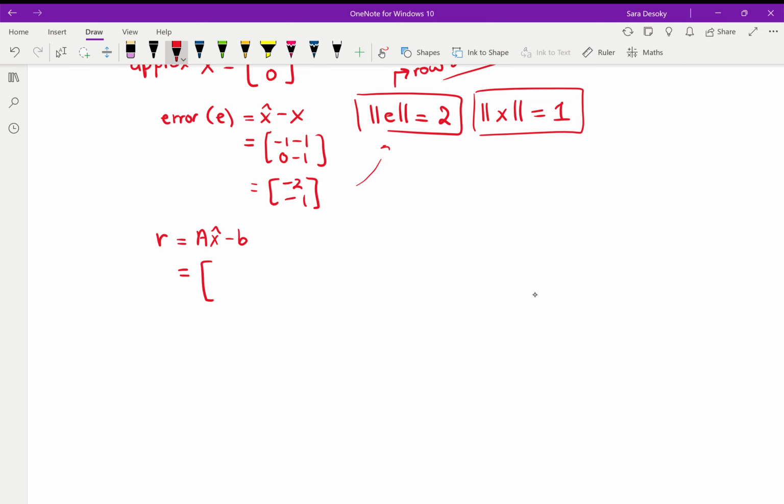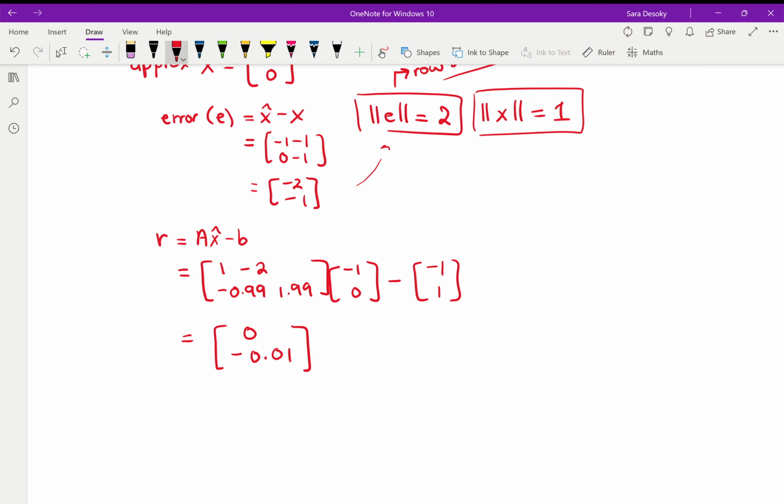A x hat minus b, and that is 0 minus 0.01. The norm is the biggest value in the vector.